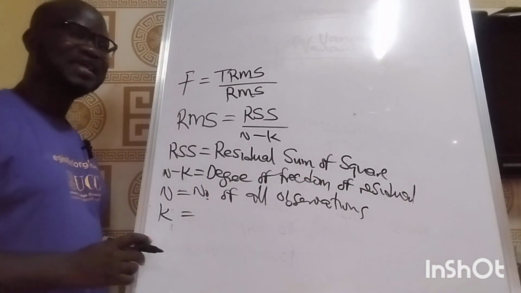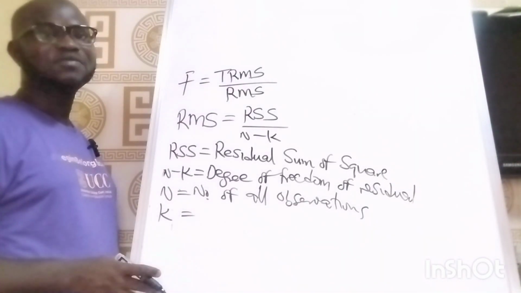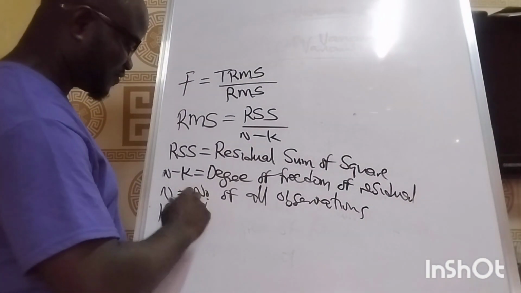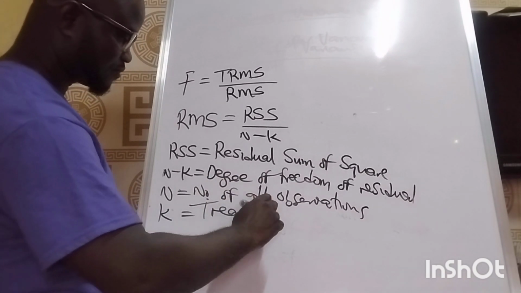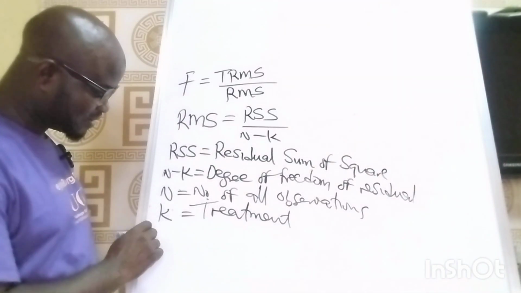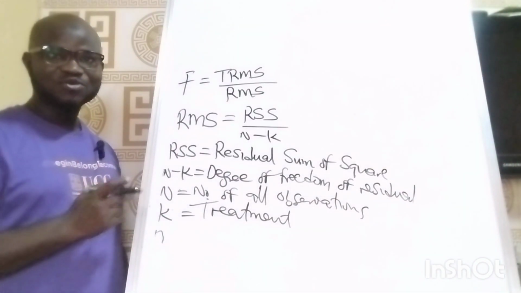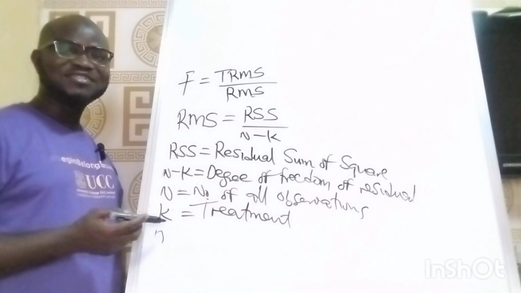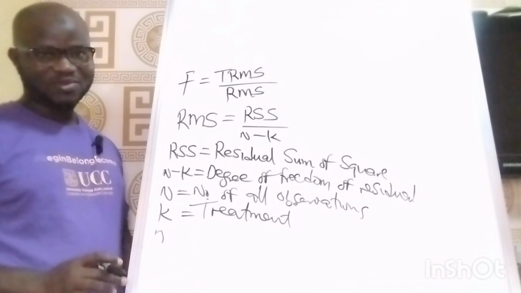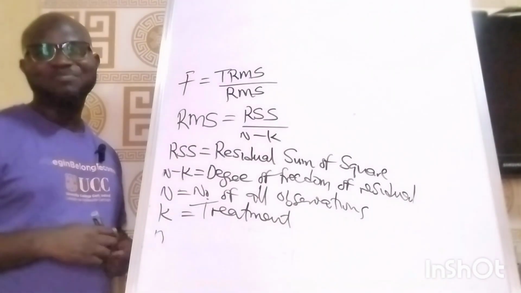While this K here is the number of treatment. You get to know what the treatment is all about when we begin to solve the example, right? So the K here is treatment. Which means the small n here is different from the big N. The small n here is the total number of observation in each treatment, while the big N is the total number of observation given to us.